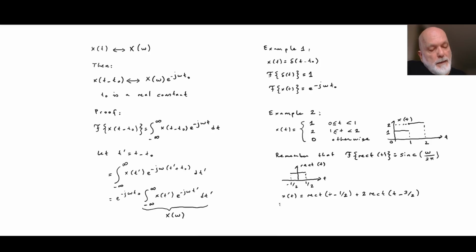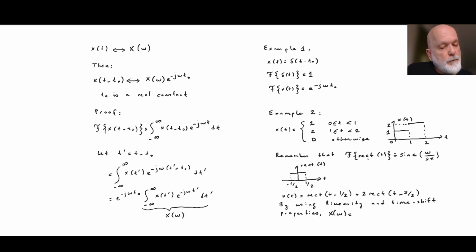So, by using linearity and time shift properties, X of omega can be written as follows. Fourier transform of rect of t is sinc of omega over 2 pi.